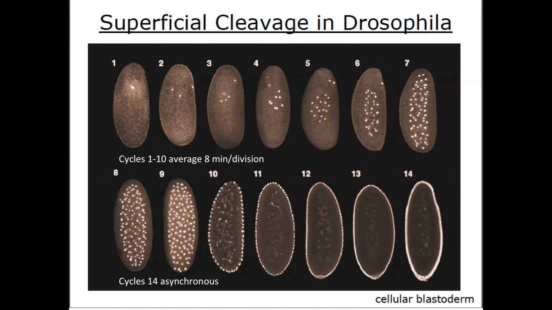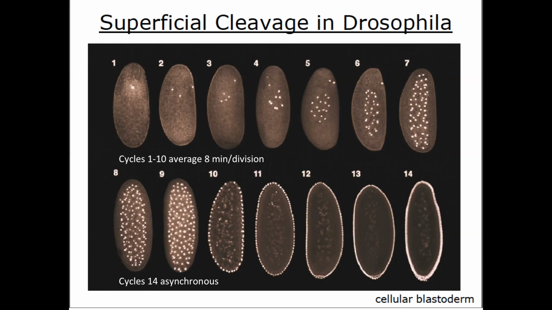In other systems, the egg divisions are complete, meaning there are cellular divisions, correct? Complete with the cell membrane dividing the different blastomeres. Now in Drosophila, it is not the same.